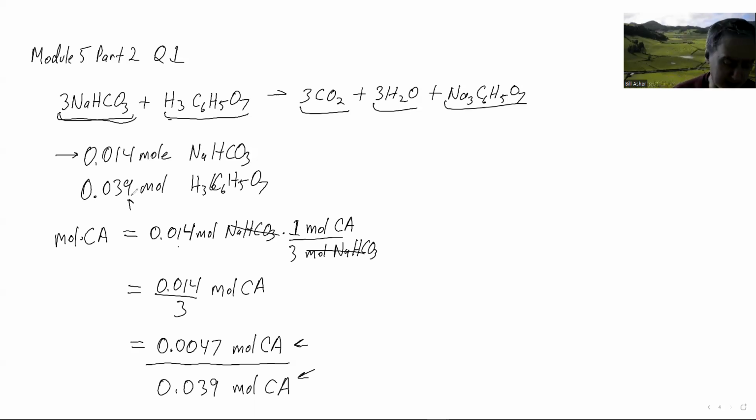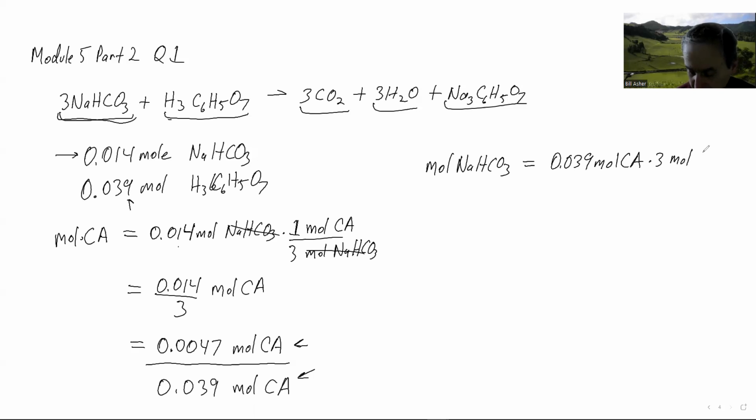Because I don't have enough. To think about it another way, if I figured out the amount of bicarbonate I would need to react with 0.039 moles of citric acid, so moles of bicarbonate, NaHCO3, is going to equal 0.039 moles of citric acid times 3 moles of NaHCO3 to 1 mole of citric acid, right?